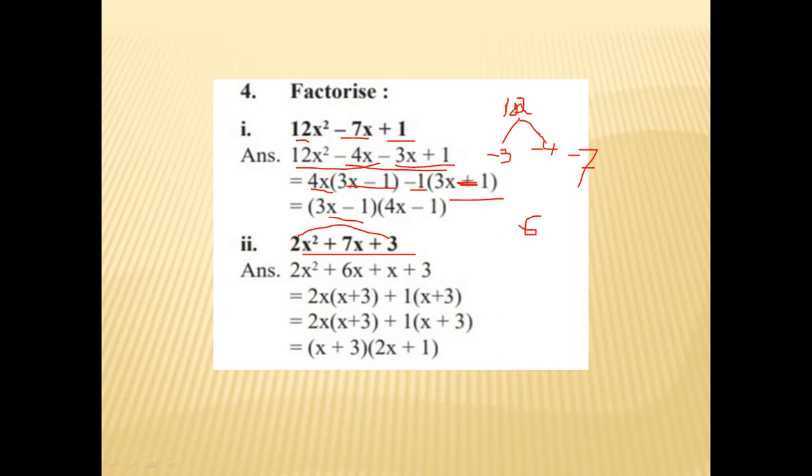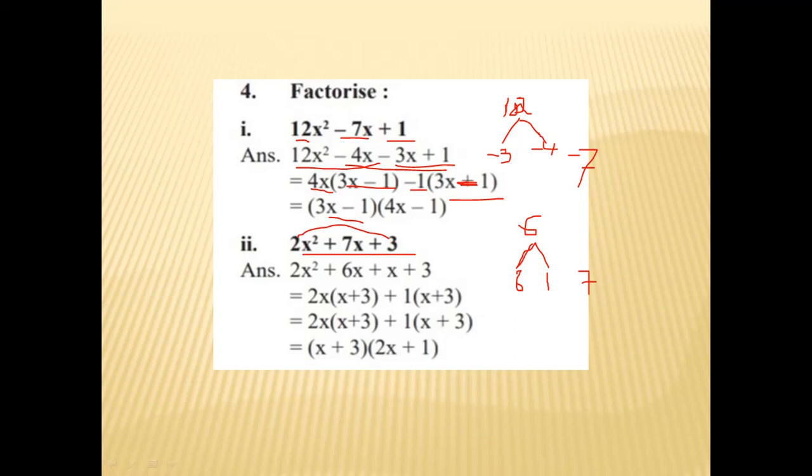When we write the factors for this number, we get 6 1s are 6 and 3 2s are 6. But when we add 6 and 1, we get 7. Therefore, plus 6 and plus 1 are the two numbers for this question.